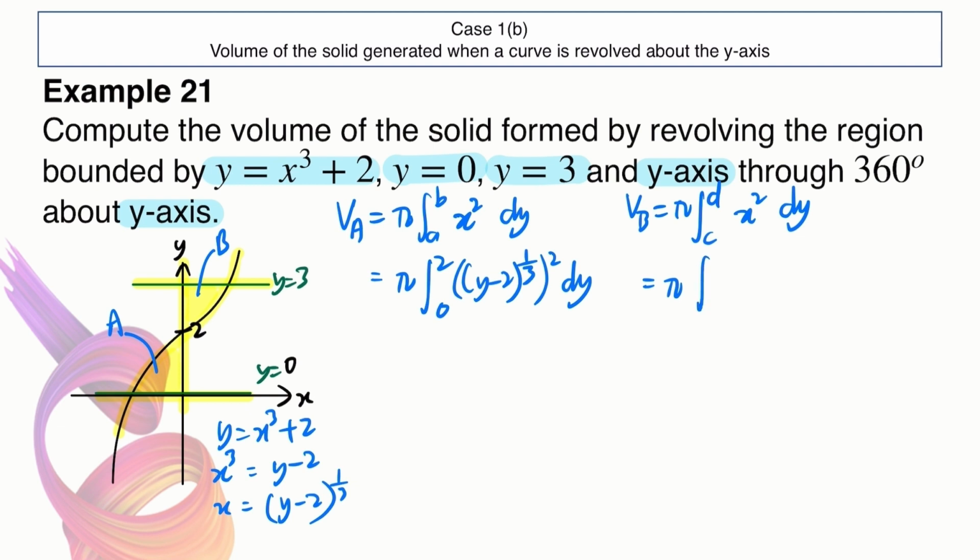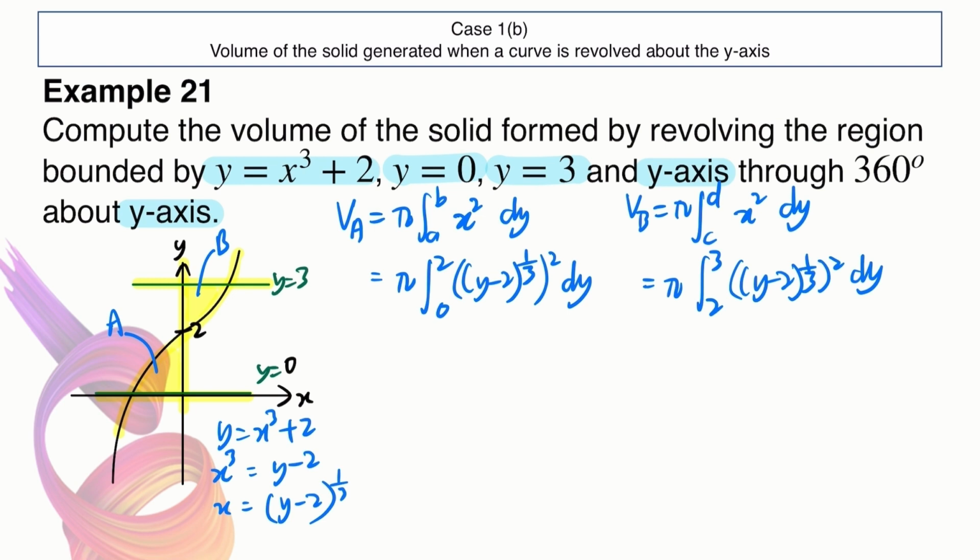Pi integral with limits from 2 to 3, and your x is the same as before. If you still remember from the previous lesson on finding the area, if you have two areas, you have to split them, calculate the area for both of them, and add them together to get the total area.